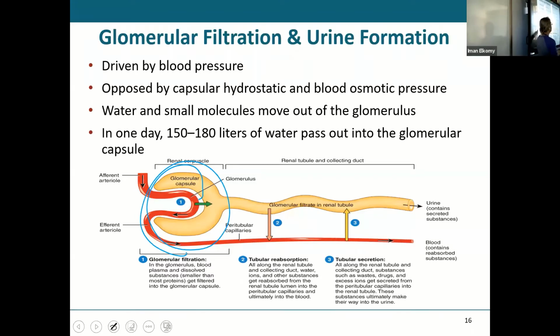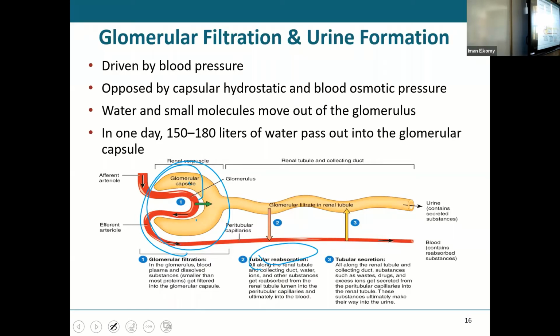So basically, all of the fluids and substances that are traveling in this glomerulus are going to be filtered out into the capsule. And then we begin a process of reabsorption and secretion. And in reality, a lot of the stuff that's filtered here is going to be reabsorbed again.